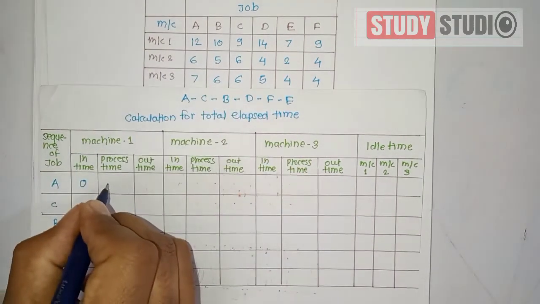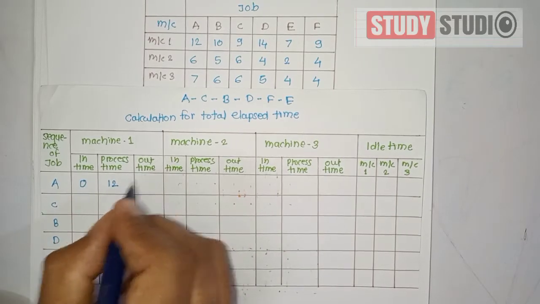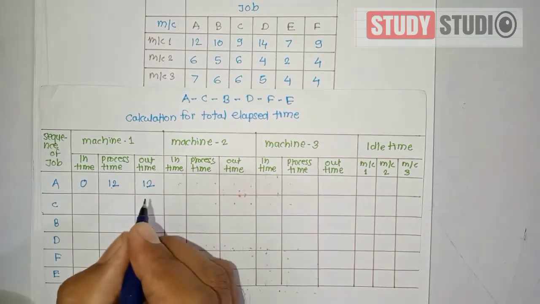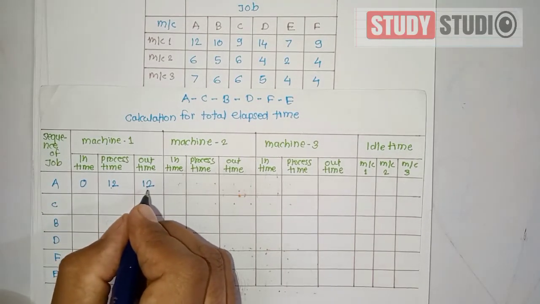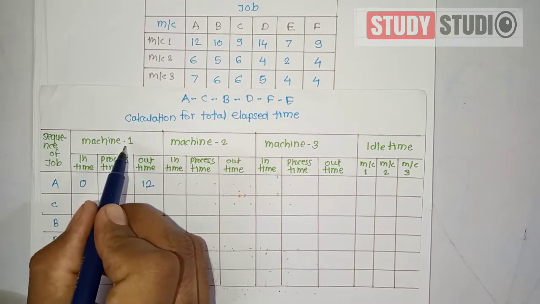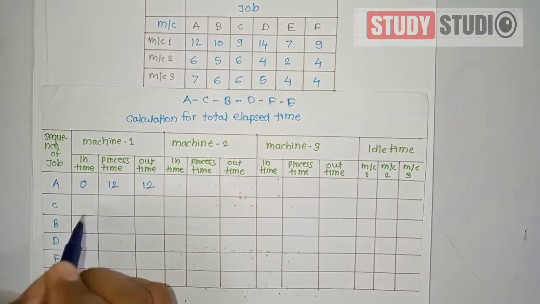So I'll write the processing time over here as 12. So total out time will be 0 plus 12, that is 12. Now after 12 hours, machine 1 will get free to take job C.